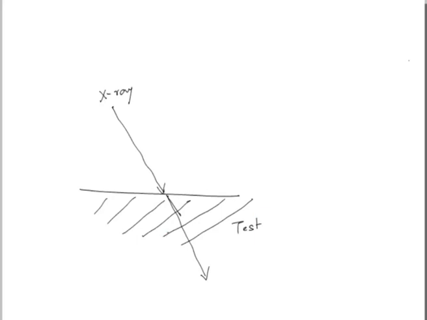This will be depending on the crystal structure of this material, and therefore, by measuring the angle of deflection, what is this angle, we can find out what is the material in this, because this can be correlated to its characteristic.